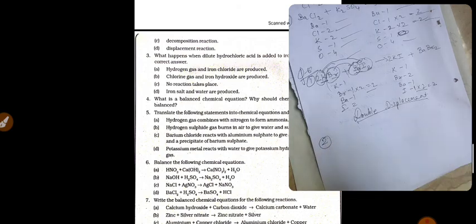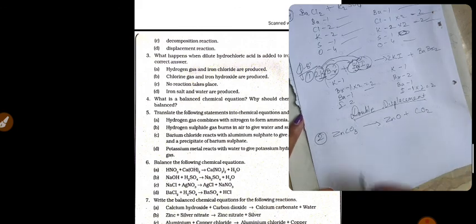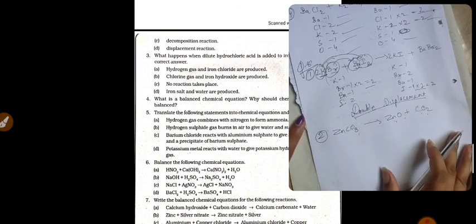Now question number 2. Zinc carbonate, Zn carbonate gives zinc oxide plus carbon dioxide. So zinc 1, 1, carbon 1, oxygen 3, oxygen 3. So this is already balanced.